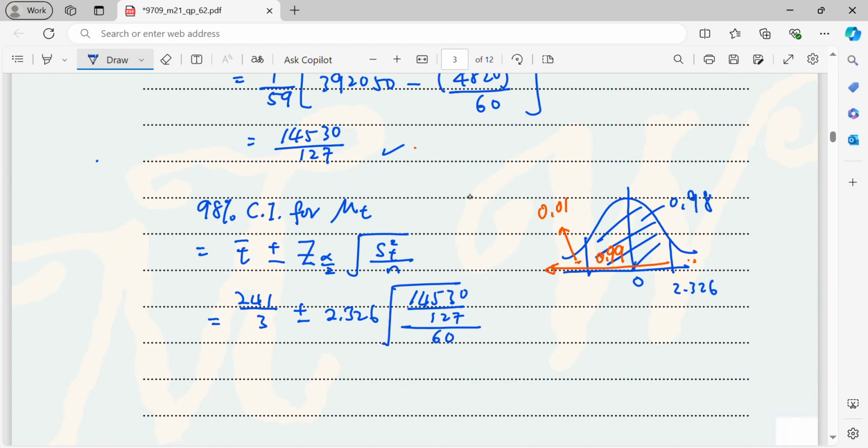Using the minus to calculate the lower limit, you will get 77.6, correct to 3 significant figures, and the upper limit will be 83.1. So that's the 98% confidence interval for the population mean.